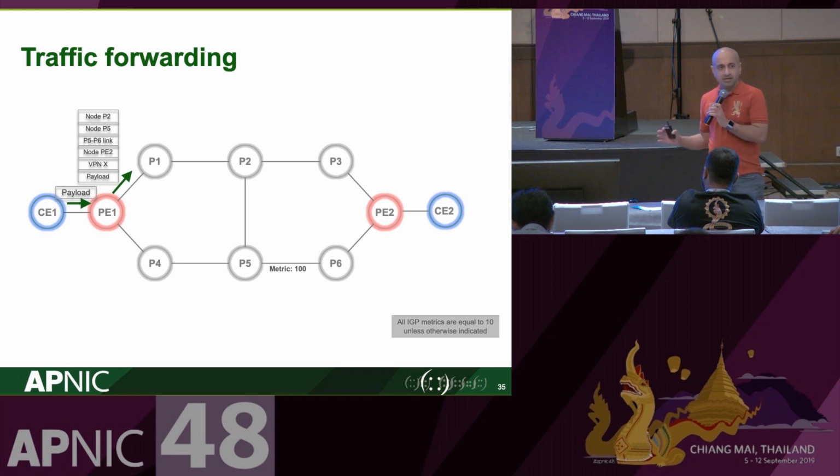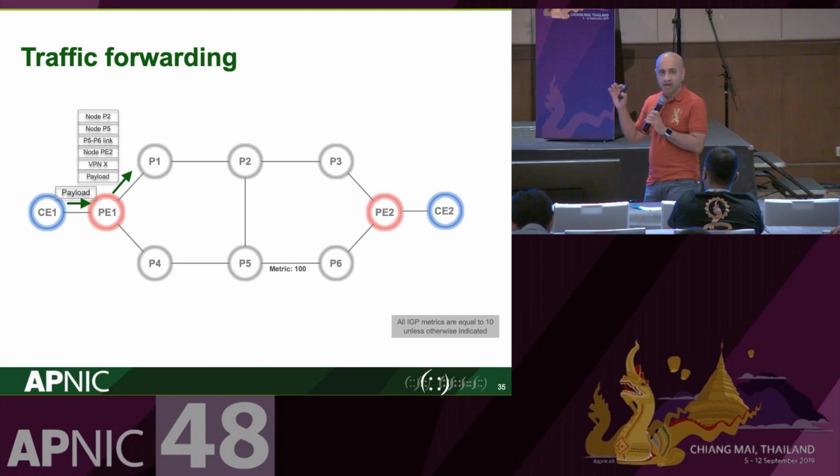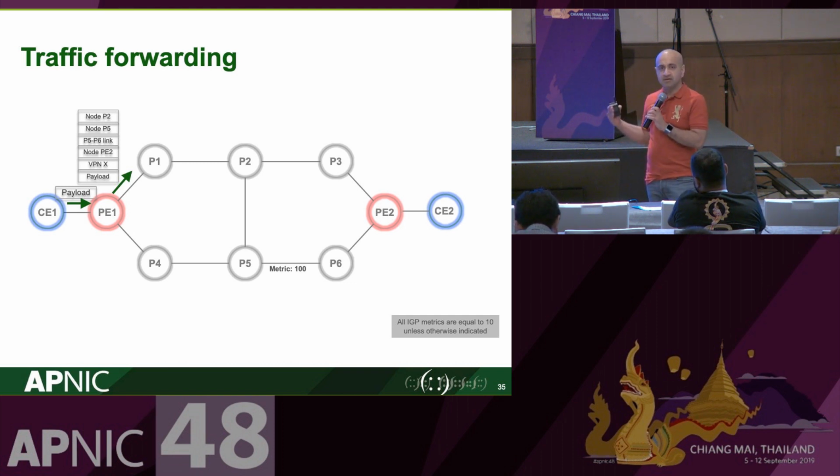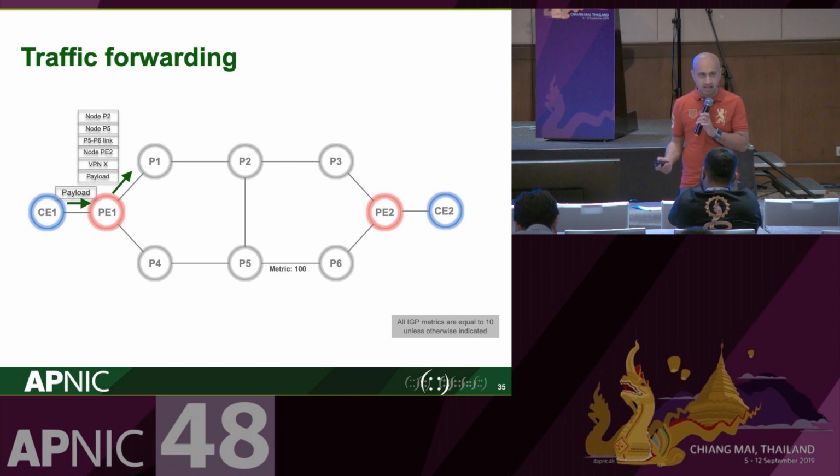The key thing to take out of this is that we're putting complete routing information that impacts the path into the packet. This is like in an IP network, putting a list of IP addresses and saying go to this hop first, and then that hop, except we're doing it in the MPLS label.